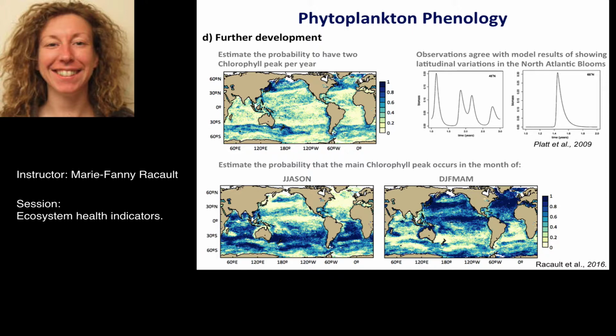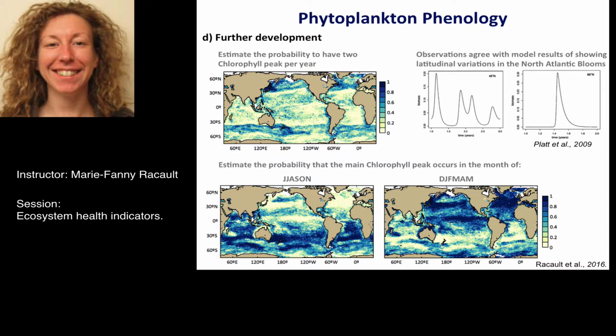Okay, it might seem a little bit strange, but actually in a modeling study done by Trevor and colleagues, a very simple model forced by light availability, they compared at 45 degrees north and 65 degrees north around this region, and they actually found the same results just based on a simple model of phytoplankton forced by light availability.